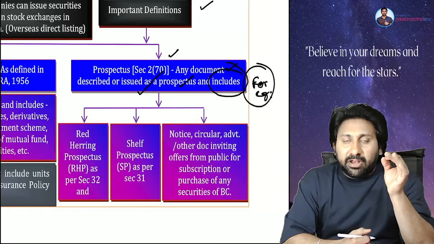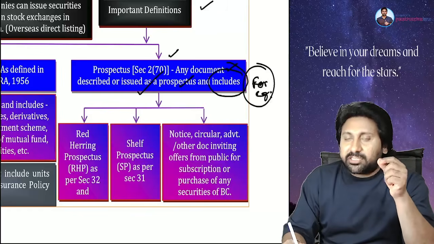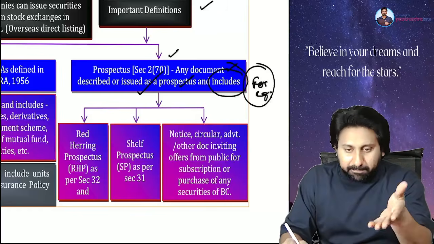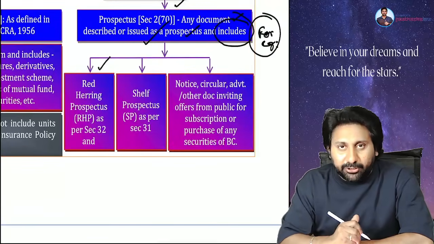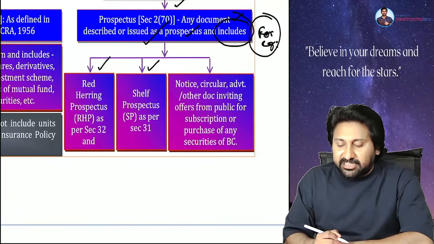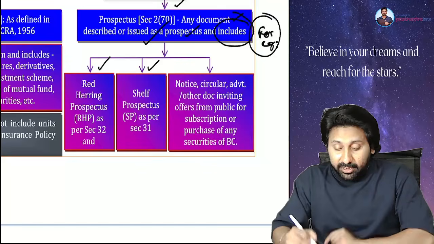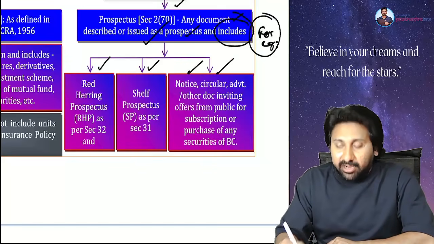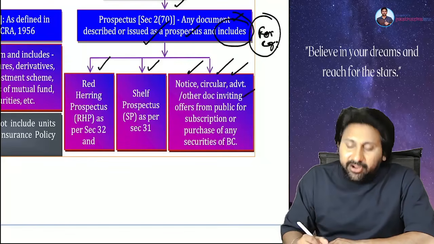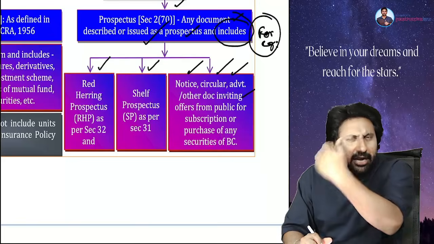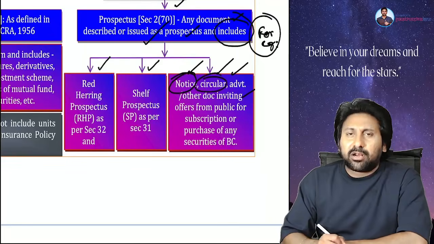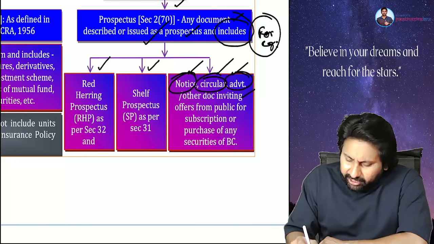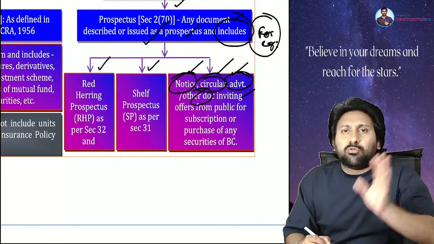So whenever we say includes, we are telling for example: red herring prospectus under section 32, shelf prospectus under section 31, or any notice, circular, advertisement, or any document. So any kind of document, name it in a different way. You call it notice, you call it circular, you call it advertisement, you call it a document, you put any name you want.